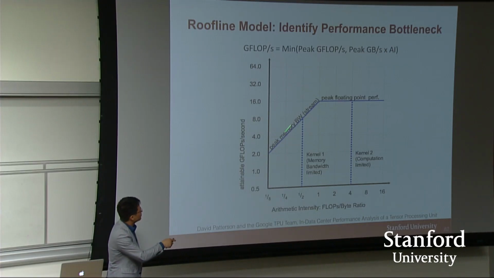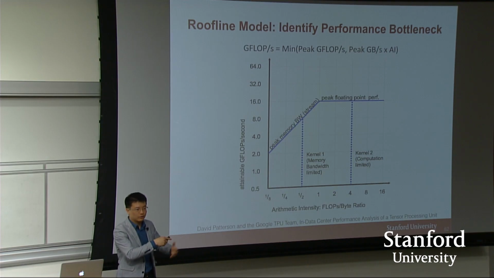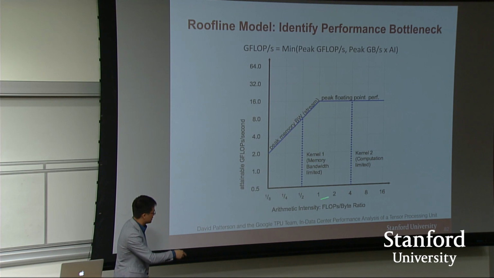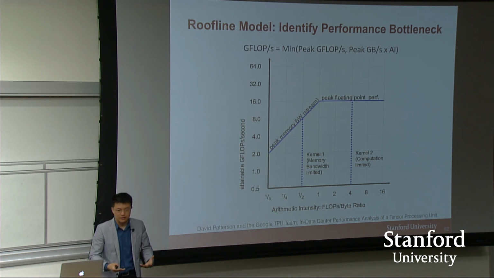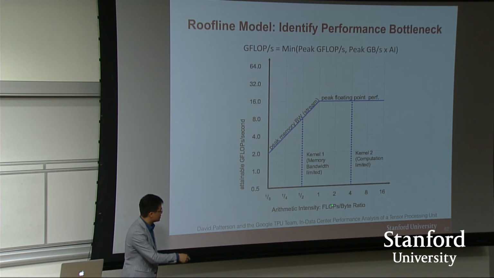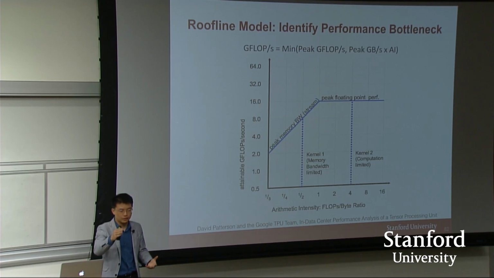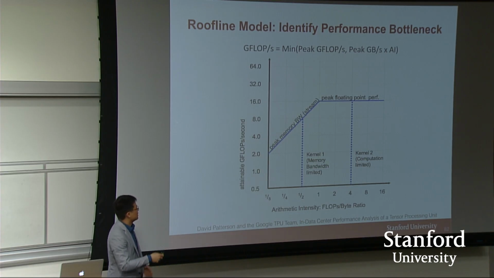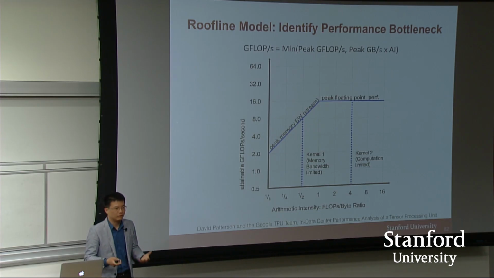In this region, you are bottlenecked by the memory bandwidth. The x-axis is the arithmetic intensity, which is the number of floating point operations per byte, the ratio between the computation and the memory bandwidth overhead. The y-axis is the actual attainable performance.